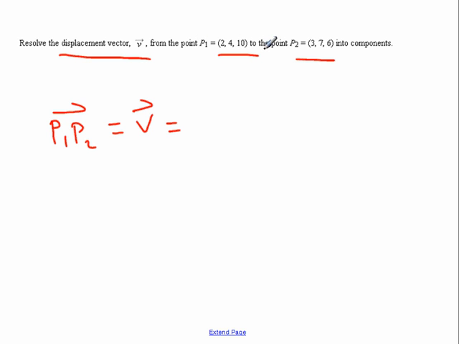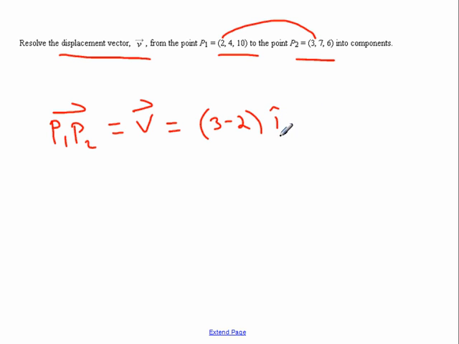So from point 1 to P2 in the x direction, we're increasing by 1. So we started at 2, we end at 3, so 3 minus 2 in the i direction. And for our unit vectors i, j, and k, instead of an arrow, we put a little hat, and that's just because they're special vectors.